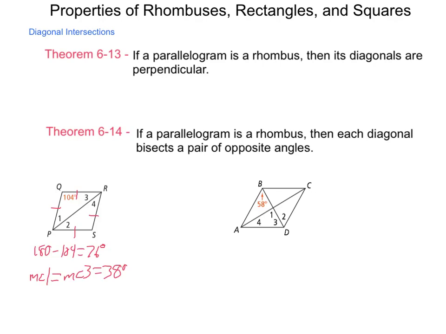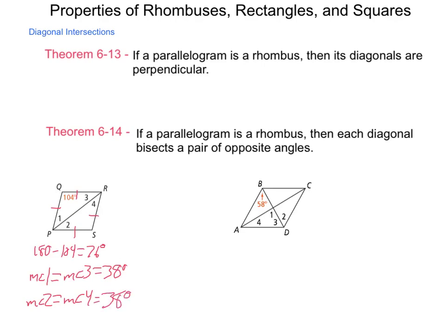Well, according to Theorem 614, the diagonals bisect opposite angles. So angle 1 is going to be congruent to angle 2. Angle 3 will also be congruent to angle 4. So all four angles are equal to each other. So all of them equal 38 degrees.